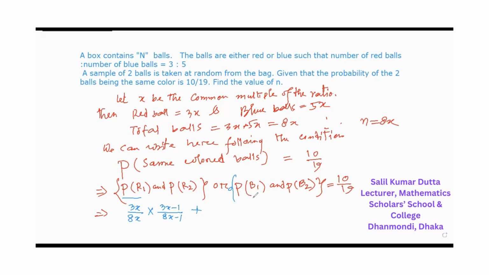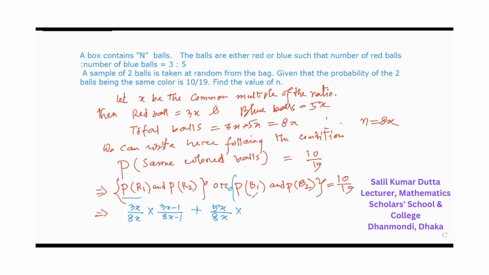Next, probability of blue, first ball blue. How many blue balls are given? 5x, and total balls given 8x. And multiply probability of B2, that means the second ball also blue.